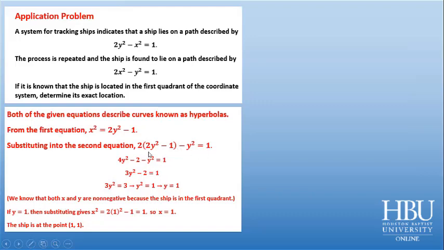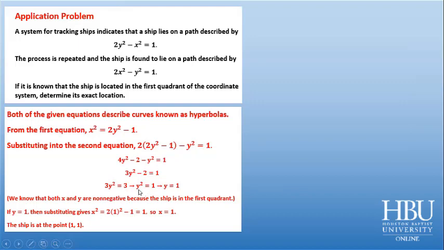Multiplying out, I have 4y squared minus 2 minus y squared is 1. The 4y squared minus y squared is 3y squared, so 3y squared minus 2 is 1. Adding 2 to both sides, I have 3y squared is 3, which gives me y squared is 1.